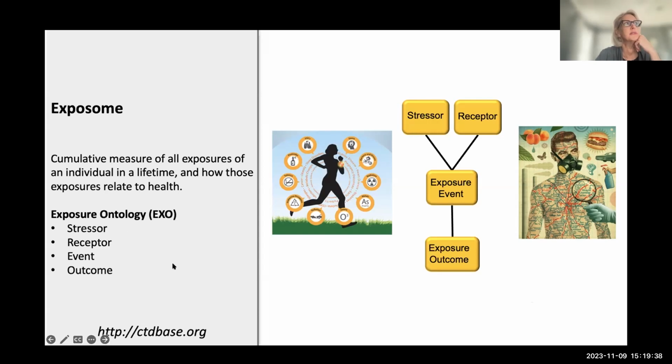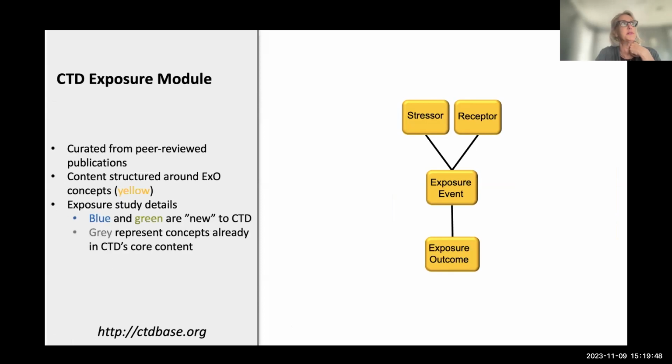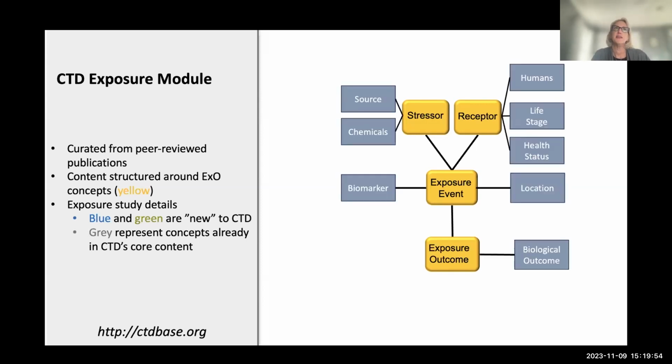And so we built an exposure ontology, and this stressor, receptor, exposure event, and outcome is kind of the framework around which we have built this curation. So what this looks like from a very high level is our stressors, in our case, are chemicals and source information.